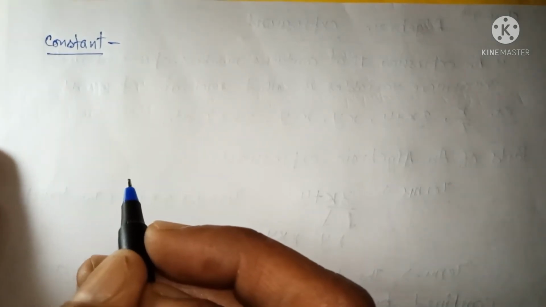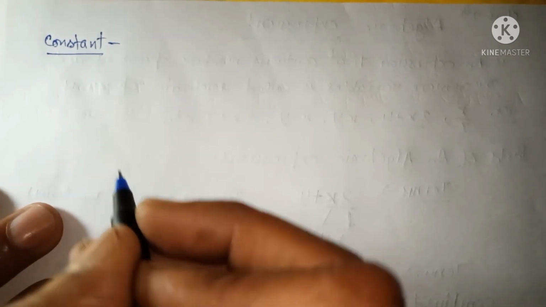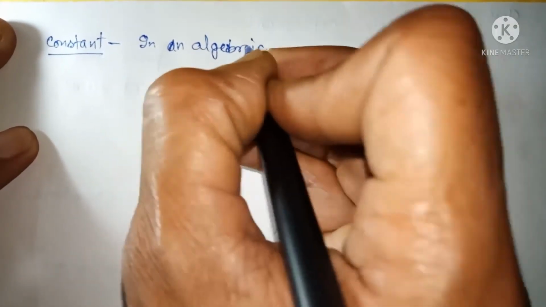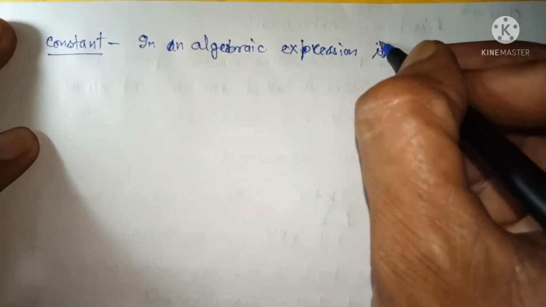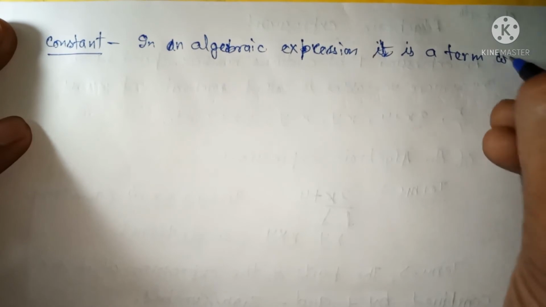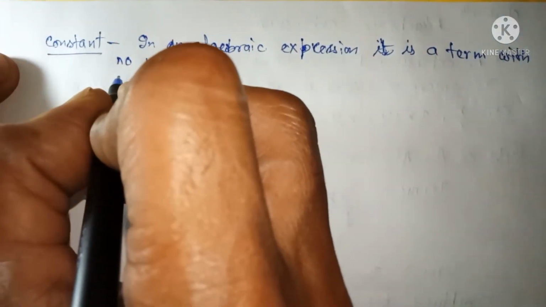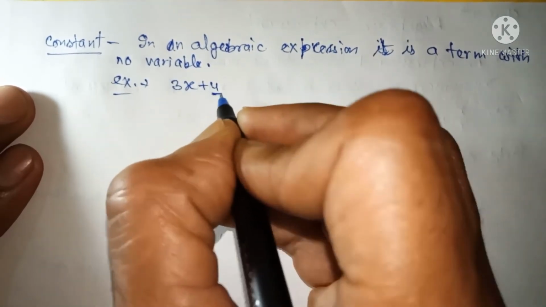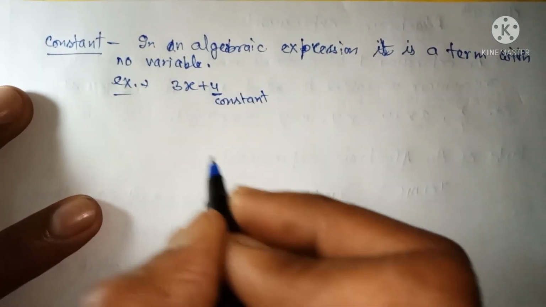Constant. Let us try to define a constant. In an algebraic expression, it is a term with no variable. In 3x plus 4, this 4 is the constant. How is it constant? Let us see.